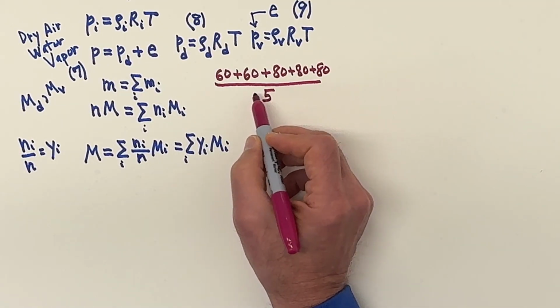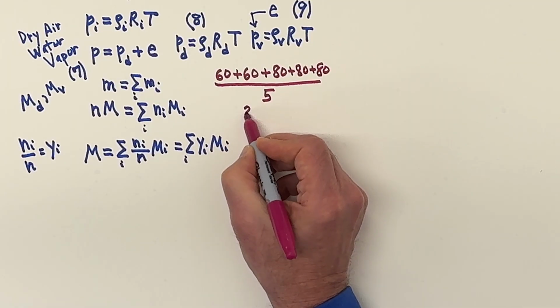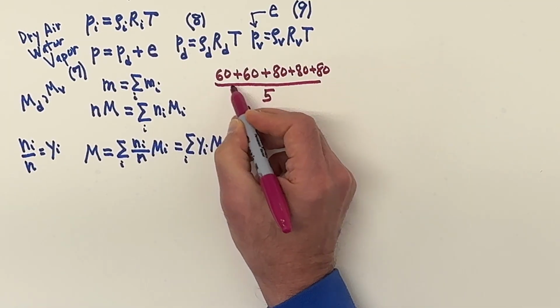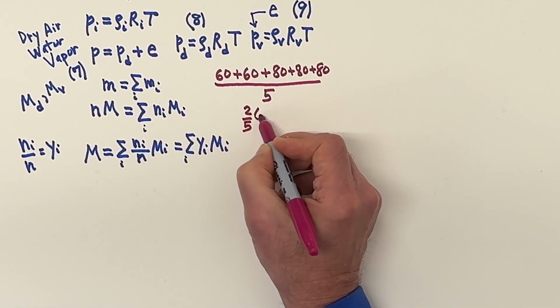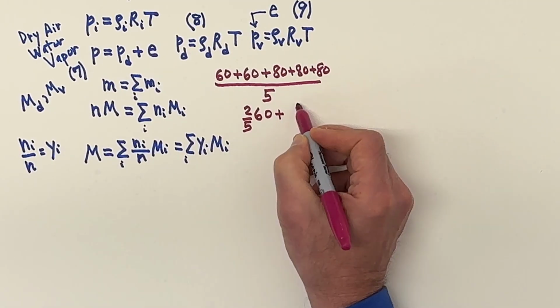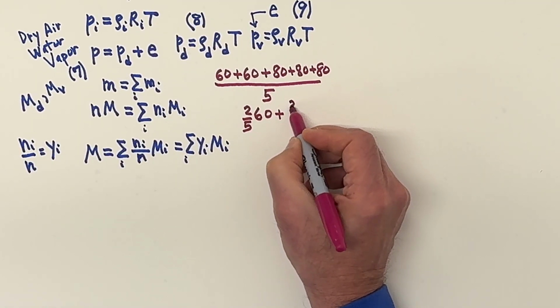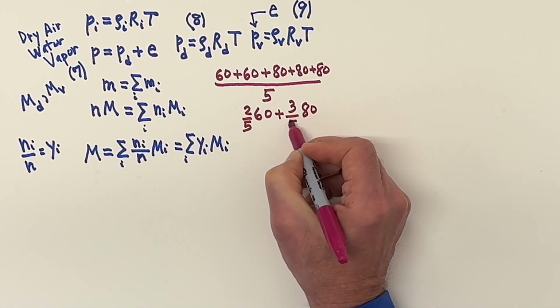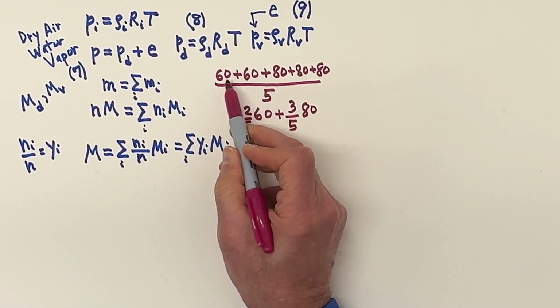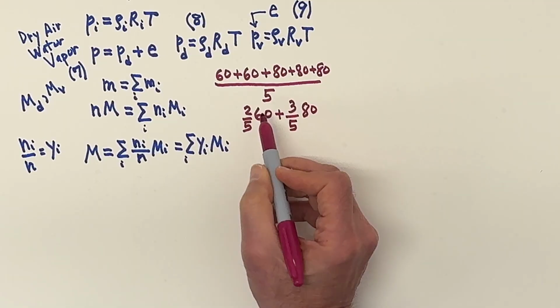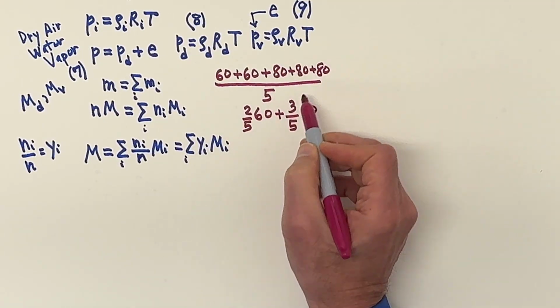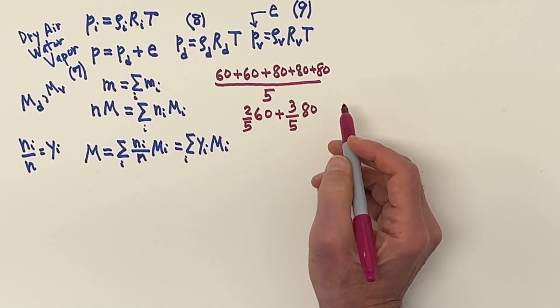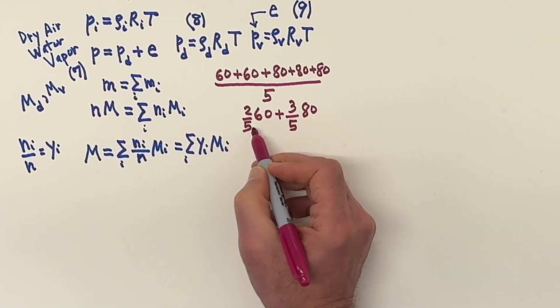But notice that two of the exams are the same, so you could say 2/5 for the 60 and 3 of the 80s divided by 5. So there's two 60s, 2 times 60, and then you have three 80s, 3 times 80, and you're dividing by 5.